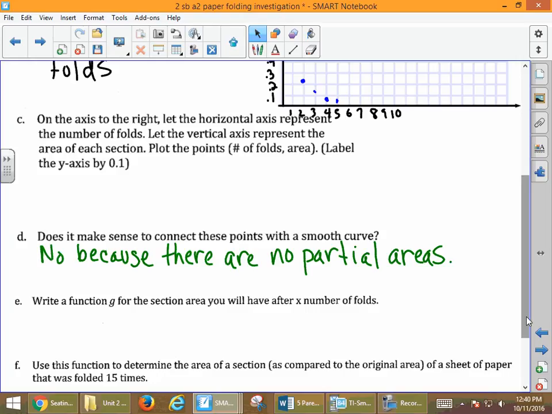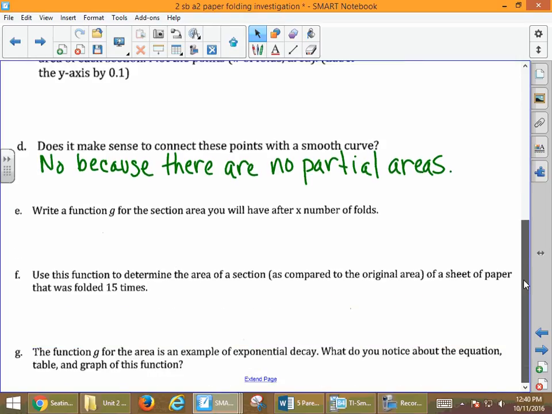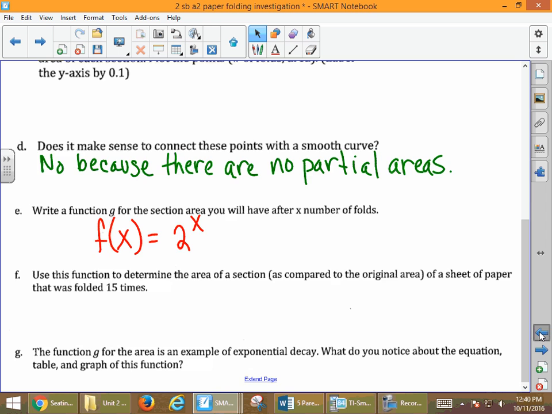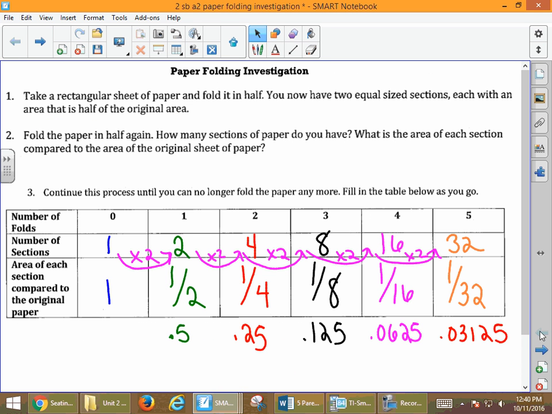But if you think about this too, what we're looking at here is the folds compared to the area, and we want to write the function. Well, if we think about it on the front, we did f of x equals 2 to the x. But what we're really looking at is we're coming up with these values.